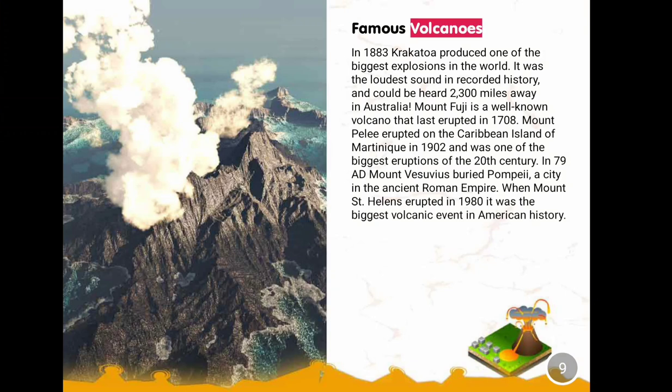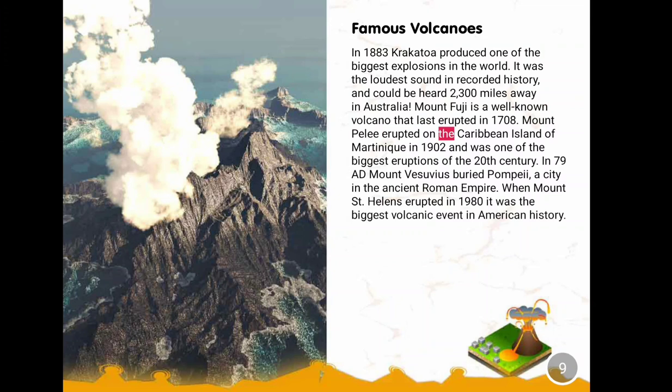Famous volcanoes. In 1883, Krakatoa produced one of the biggest explosions in the world. It was the loudest sound in recorded history and could be heard 2,300 miles away in Australia. Mount Fuji is a well-known volcano that last erupted in 1708.